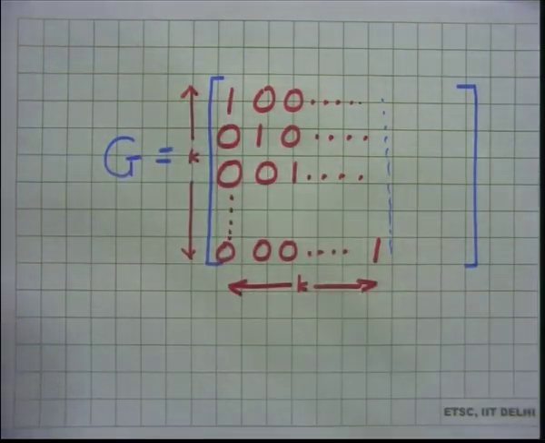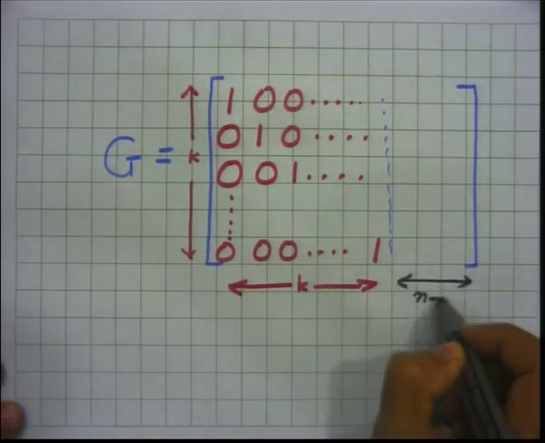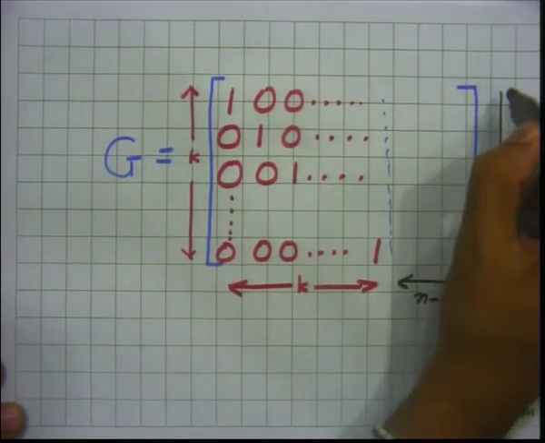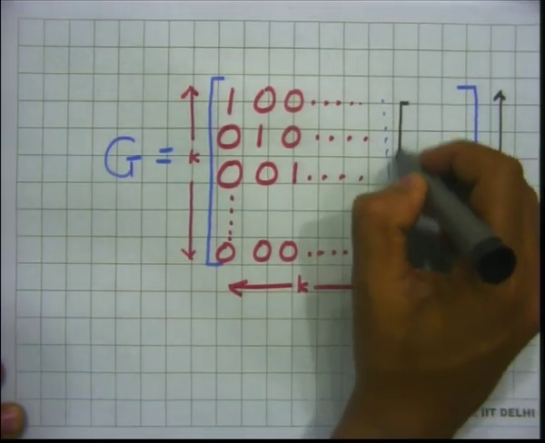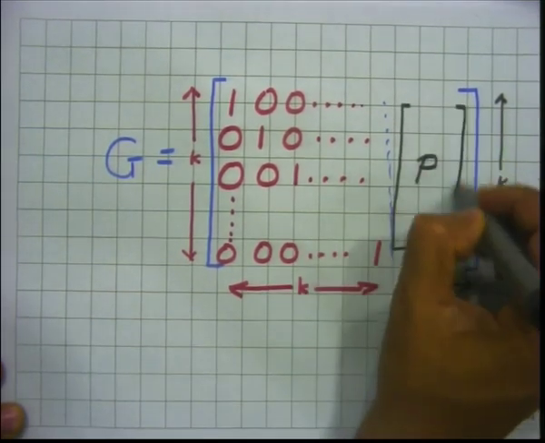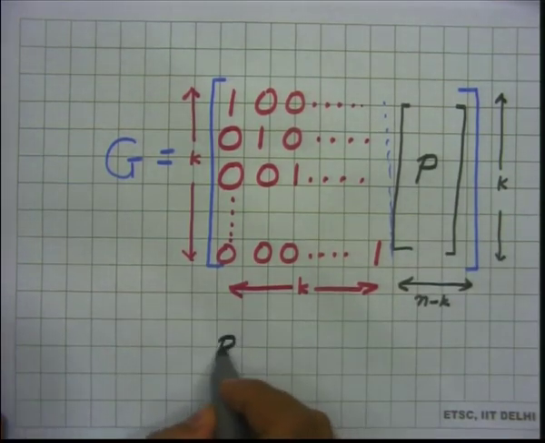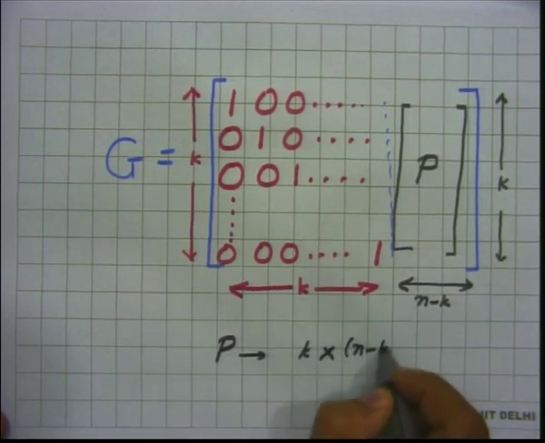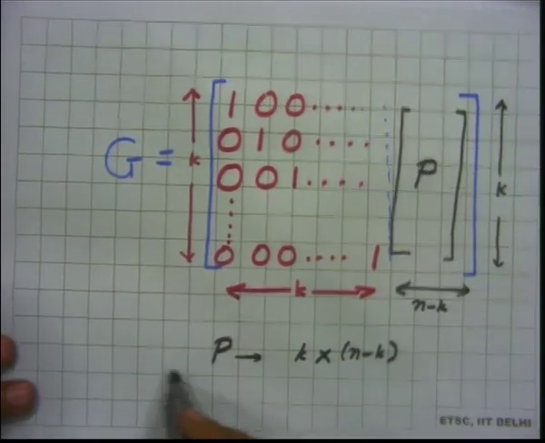What we are left with is now n minus k on one side, and again this is k. So my P matrix is of the dimension k cross n minus k. This is called the systematic form.